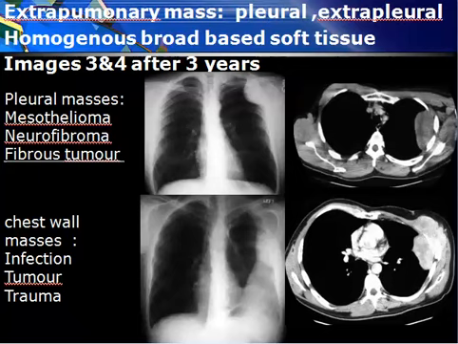So fibrous tumors are one of the known tumors of the chest wall, long-standing and extending.